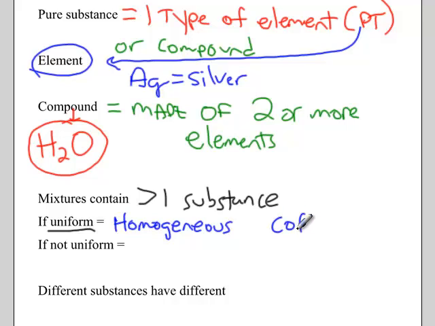So for example, if you have a cup of coffee, coffee is not an element, it's not just one compound, it is a mixture of many compounds together, so coffee would be a mixture. Black coffee is uniform, doesn't matter if you look at the top, the middle, or the bottom, that's a homogeneous mixture.